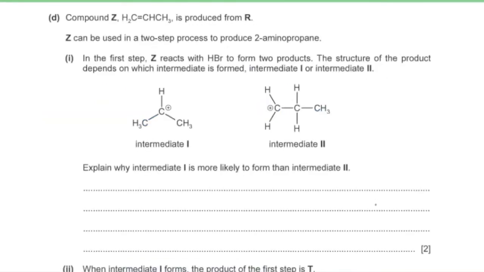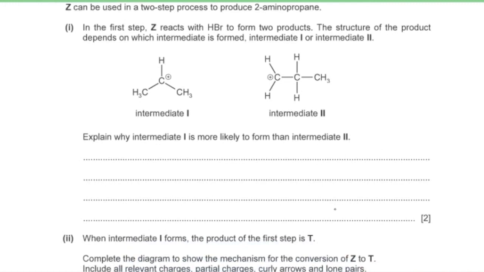Part D, compound Z is produced from R. Z can be used in a two-step process to produce 2-aminopropane. In the first step, Z reacts with HBr to form 2 products. The structure of the product depends on which intermediate is formed, intermediate 1 or intermediate 2. Explain why intermediate 1 is more likely to form than intermediate 2. Okay, so the difference between intermediate 1 and intermediate 2 is that the carbon, which gets a positive charge, over here is attached to 2 methyl groups, while this one is attached to 2 hydrogen atoms.